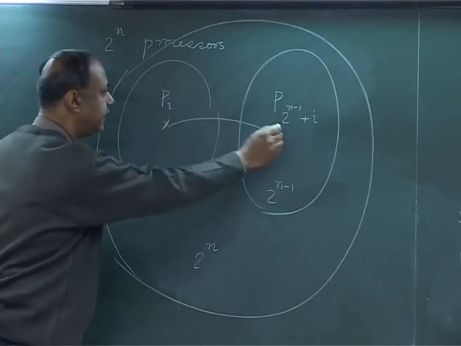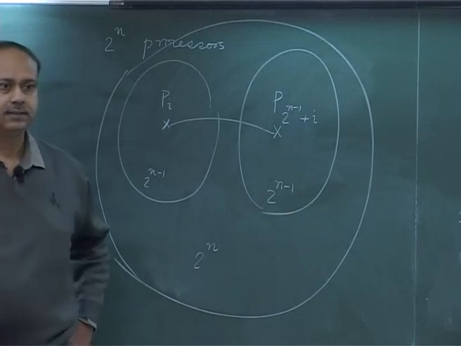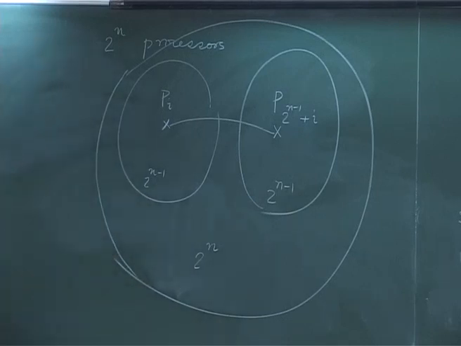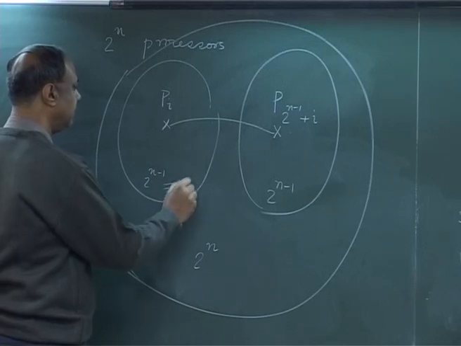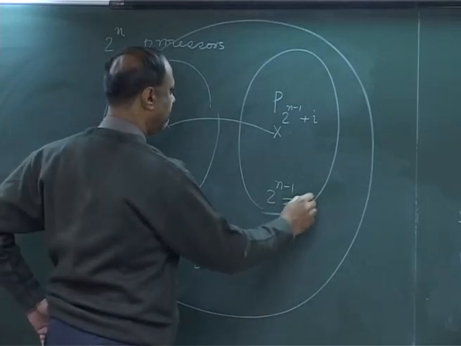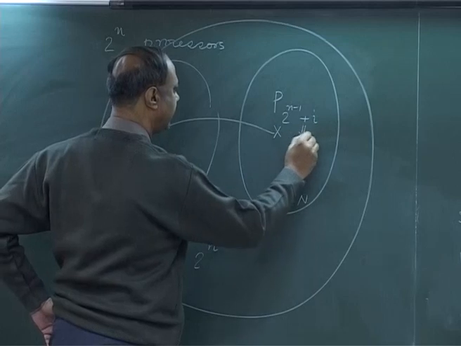If it is the Pi, then this index is this. Agreed? Yes, any ambiguity? Puja is no, 100%. So, if this is capital N, so this can be written as n plus i.